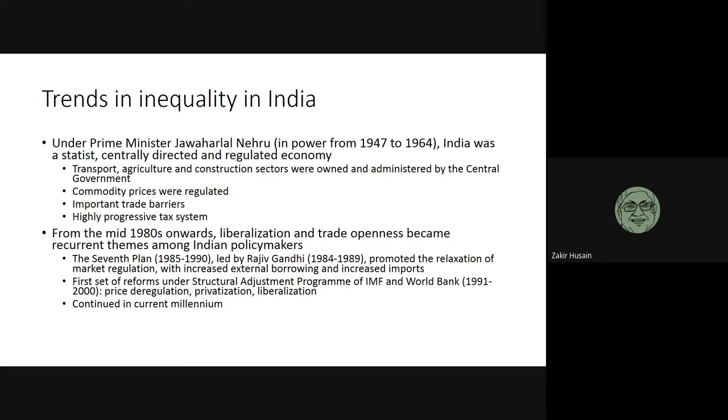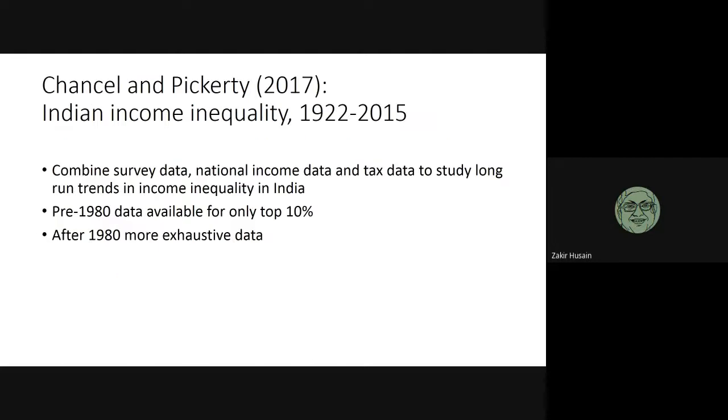That means prices were not determined by the government. The government did not set price ceilings or price floors, but market demand and supply set the prices. Privatization was started. The foreign sector was liberalized so that you had a freer inflow and outflow of commodities. Foreign investment could come in. And this trend continued in the current millennium.